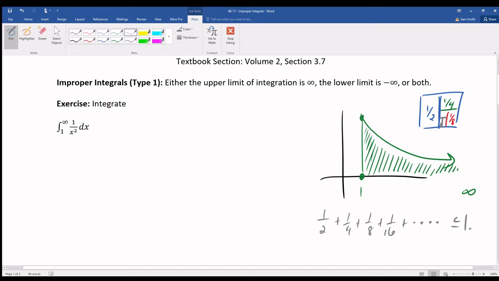So it's very possible to add up an infinite collection of numbers and get a finite result. And the question is, can you add up an infinite amount of area and get a finite result?